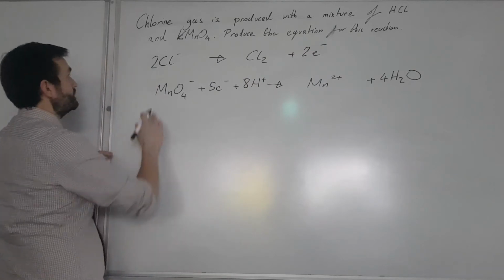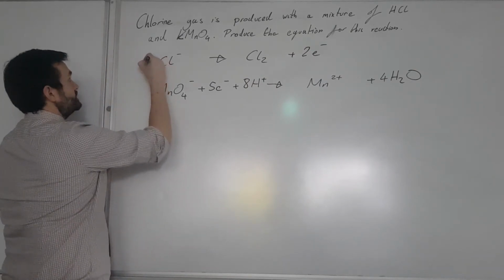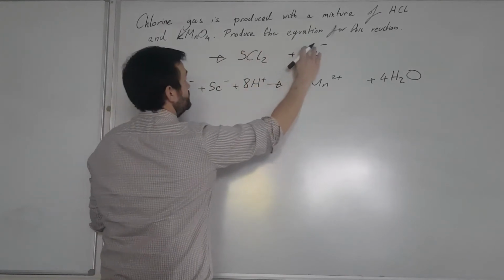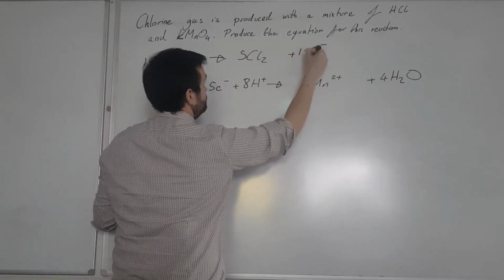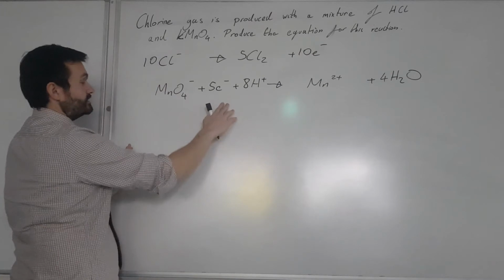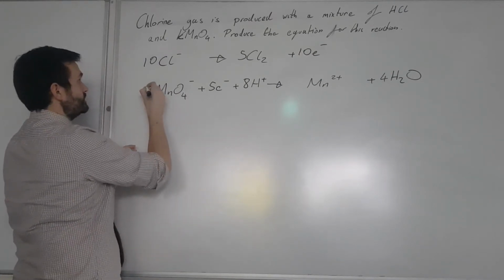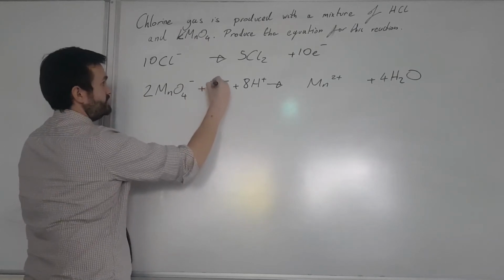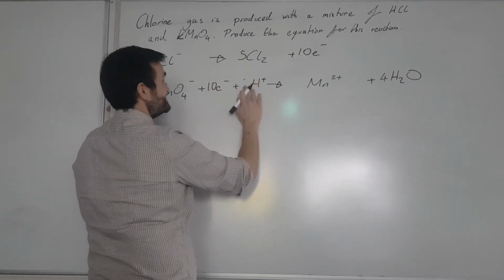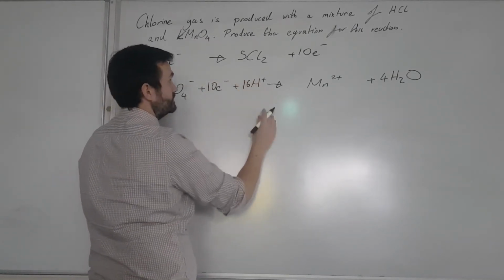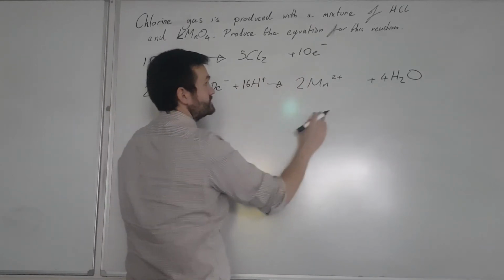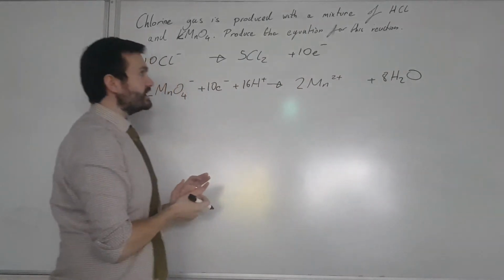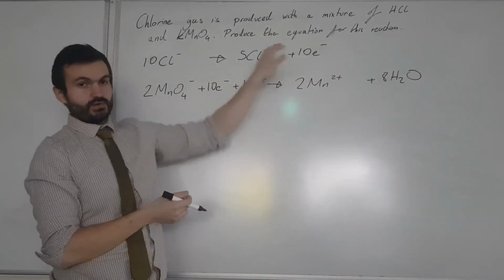So we have 10 electrons, 5 and 10. On this side I times them by 2. So 2 of these, 10 of these, 16 protons, 2 of these, and 8 of these. And now we have the same amount of electrons on both sides.